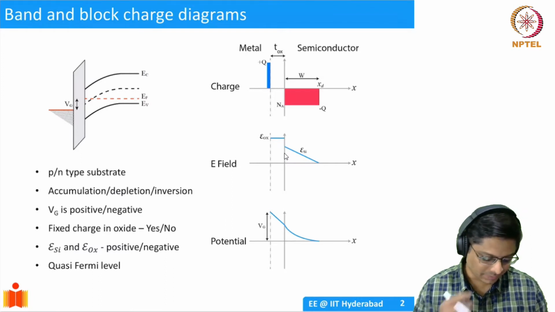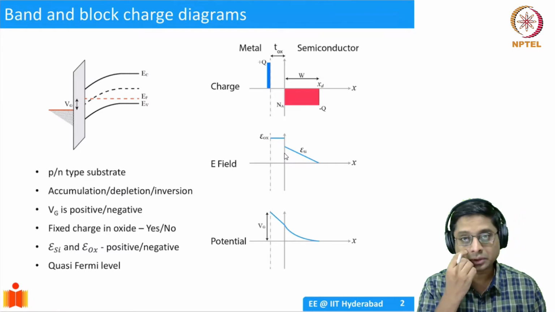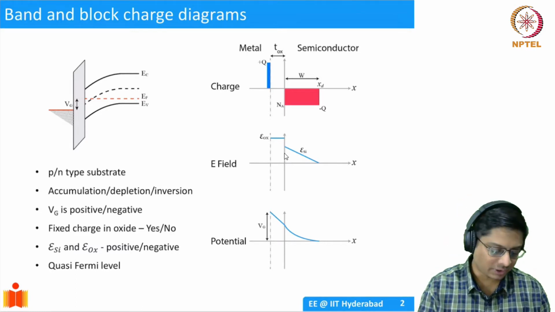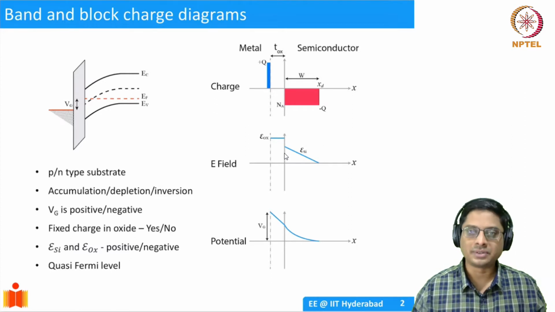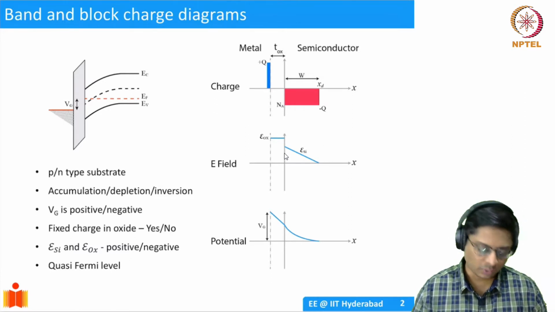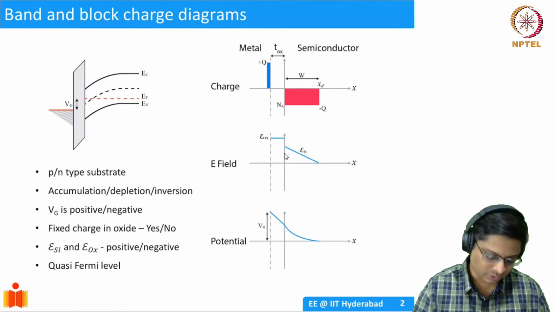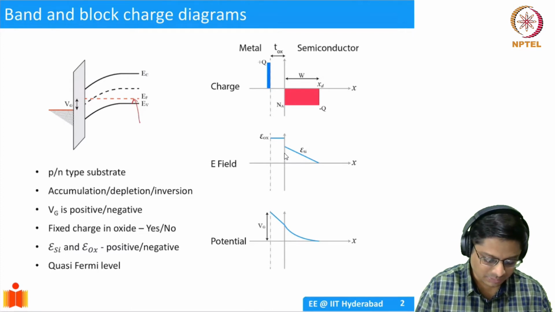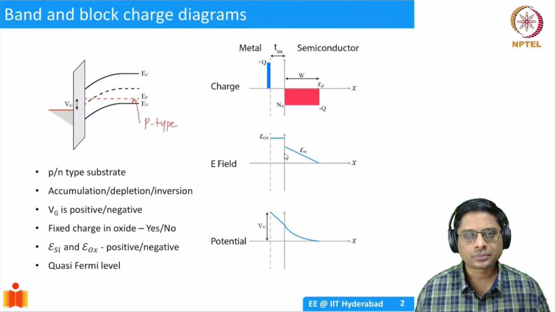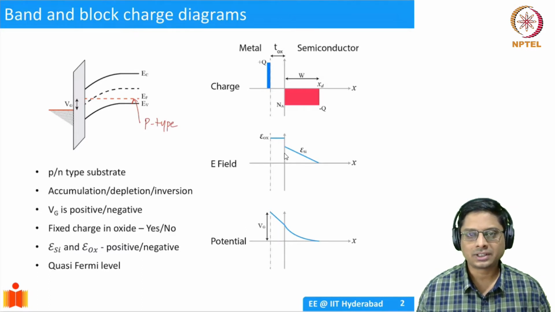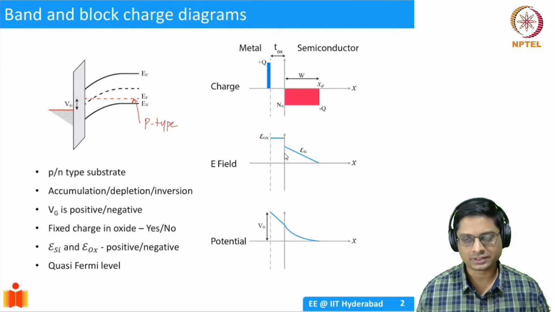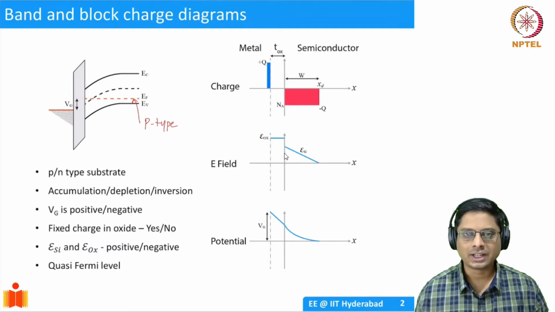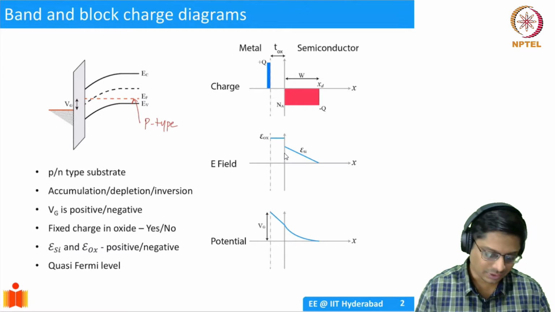So if I look at the semiconductor band diagram here, what can I conclude? Okay. What are the few inferences? For example, we can look at the bulk Fermi level and then decide what is the doping. Looking at the Fermi level closer to EV, I'll conclude that my substrate is a P-type substrate. Okay. And if I look at the relative position of the Fermi level closer to the surface, then I can decide whether the MOS capacitor is in accumulation, depletion, or inversion.